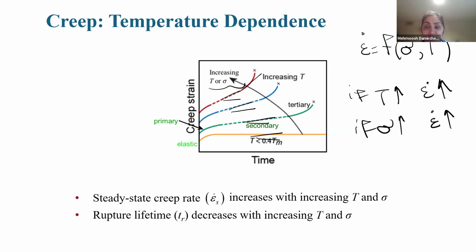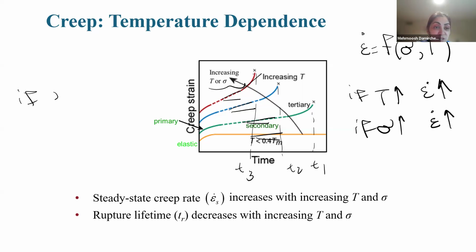However, higher temperature and stress also reduce the rupture time. If I want to show the rupture time, for the green one it is T1, for the blue one T2, and the red curve is T3.